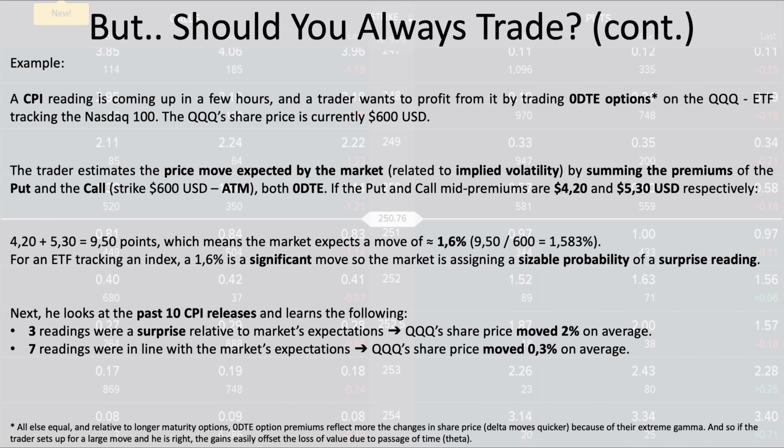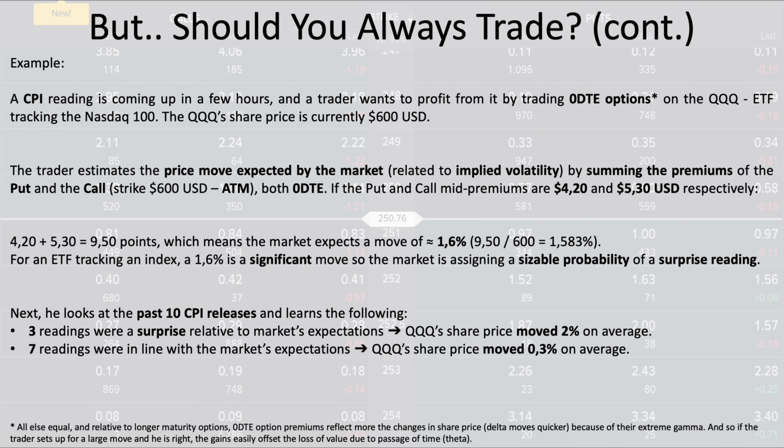The gamma is how much the delta changes when the share price changes, so it's a second-order effect of the delta. Because I want the delta to be very sensitive to the share price, I want options with a very high gamma, and there's no higher gamma than in 0DTE options.